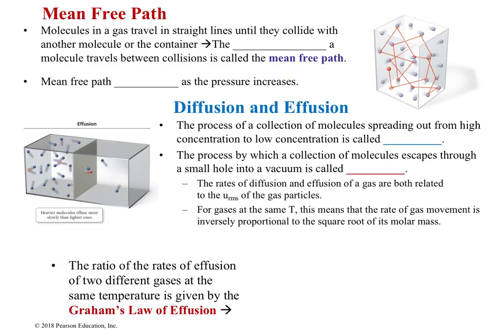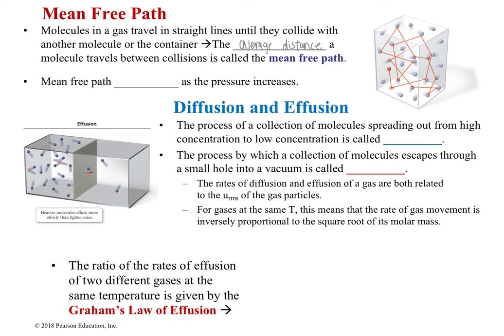than oxygen would. Mean free path and diffusion and effusion are a couple more concepts related to kinetic molecular theory. So the mean free path, if we think about what a free path means, it means basically the amount of space before you run into something, and that's exactly what it is. So it's the average amount of distance it takes for a molecule to run into something else. So it's the average distance before a molecule collides into another molecule or a surface.